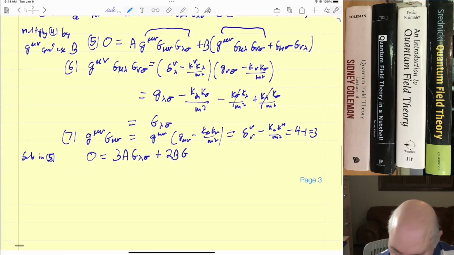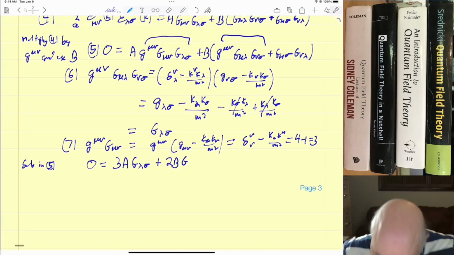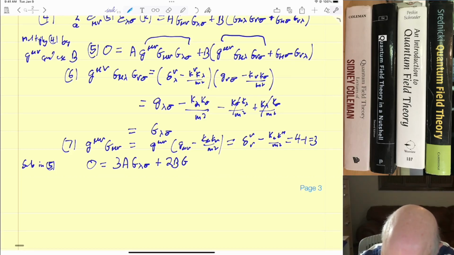Boy, I hate these tablets. I have 2B. We evaluated this. Should be G lambda sigma.